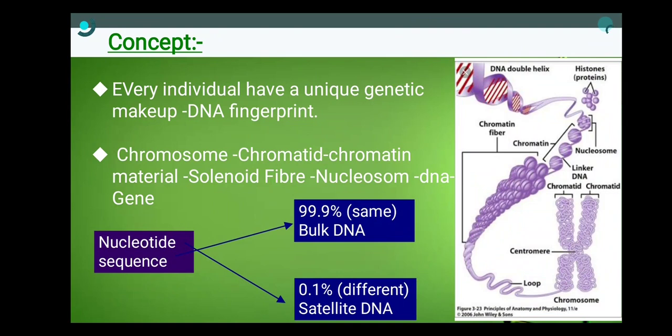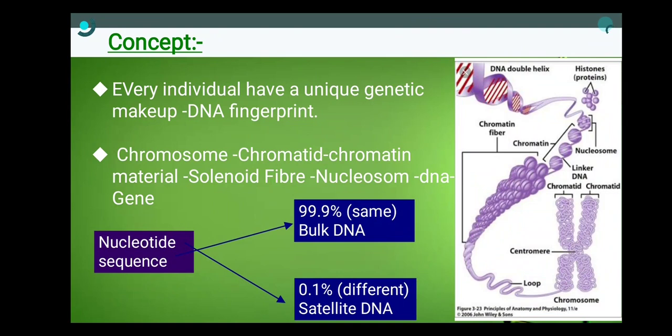Here there is no involvement of fingers, this is something different. Now let's talk about chromosomal structure. A chromosome is made up of chromatids, a chromatid is made up of chromatin material, and chromatin material is made up of solenoid fiber, then nucleosome, then DNA and gene.